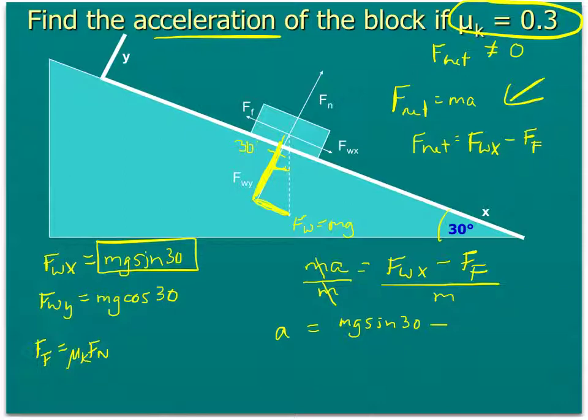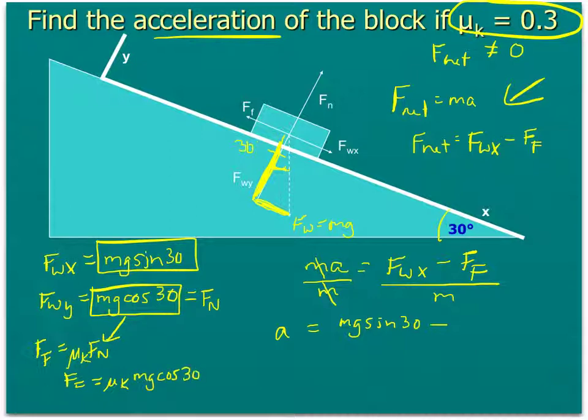Now again, because this is sitting on the incline, we know that our normal force is equal to our Fwy. Okay, so since I know that, I can take this portion, mg cosine 30, and substitute it in here. So the force of friction is equal to mu k times mg cosine of 30.